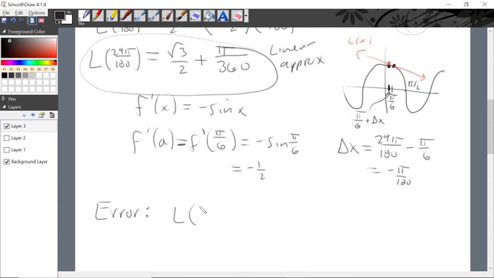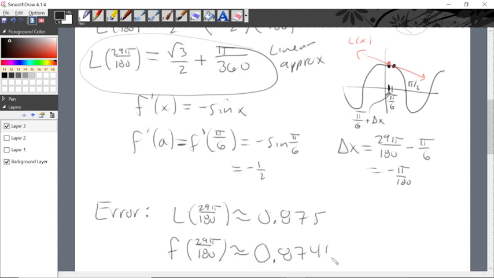First, L of 29 pi over 180 comes out to approximately 0.875. But the actual value, f of 29 pi over 180, what does that come out to equal? That comes out to 0.8746.